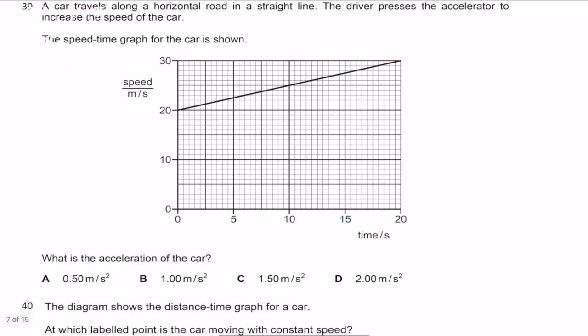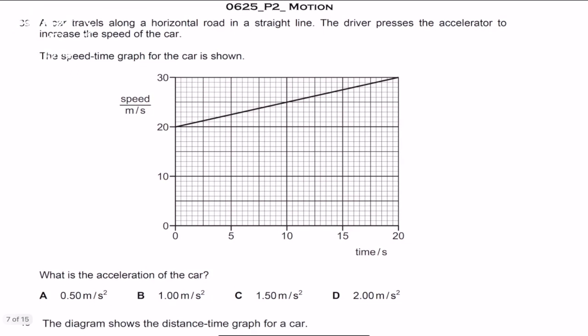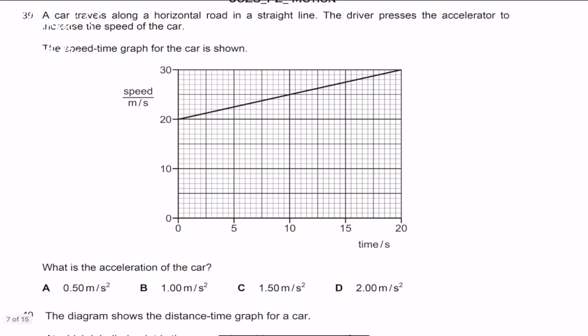The next question: a car travels along a horizontal road in a straight line. The driver presses the accelerator to increase the speed of the car. The speed time graph of the car is shown. What's the acceleration of the car?